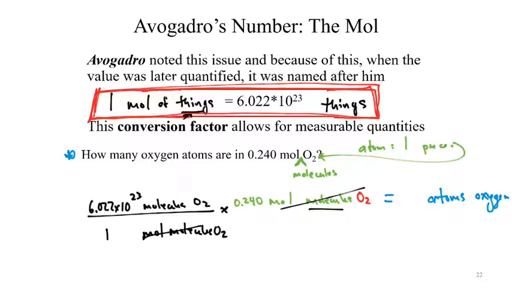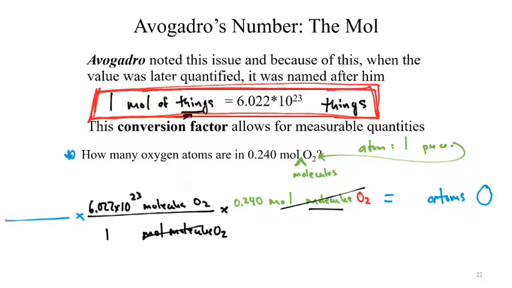This is where knowing your nomenclature and the symbol, when we should use O2 versus O, comes into play. An atom of oxygen could be written as an atom of O. Atoms of O are not the same thing as molecules of O2.